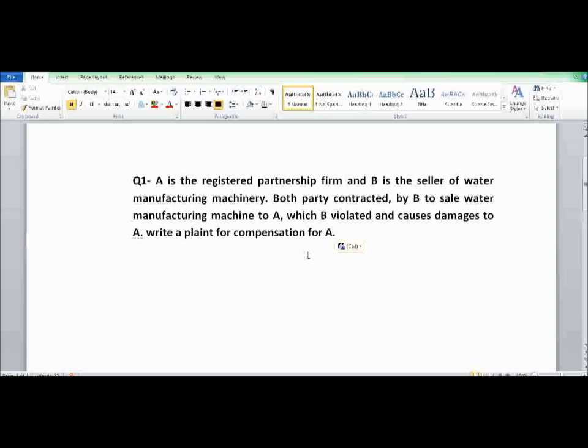They contracted, in which B decided to sell a water manufacturing machine to A, but B violated that contract and caused damages to A.